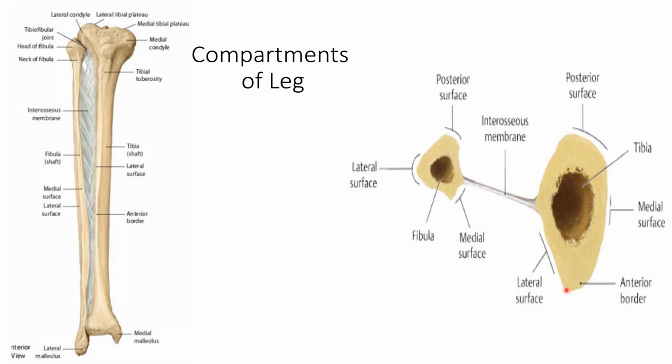This portion, from the anterior border of the tibia to the anterior border of the fibula, is the extensor compartment. Then from the anterior border of the fibula to the posterior border of the fibula is the peroneal compartment, the lateral compartment. And from the posterior border of the fibula to the posterior border of the tibia, this large compartment is the posterior compartment.